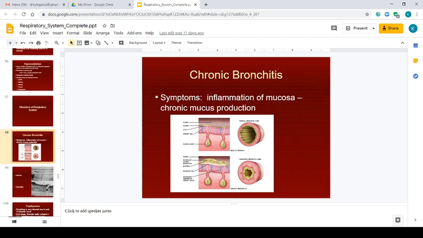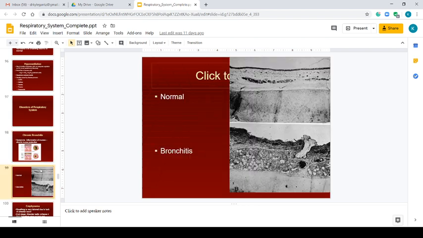This is a chronic thing, not an acute infection. This is somebody that struggles with this all the time. When we look at this, this is a normal airway. And then when we see bronchitis, we see garbage and not a very smooth pathway.